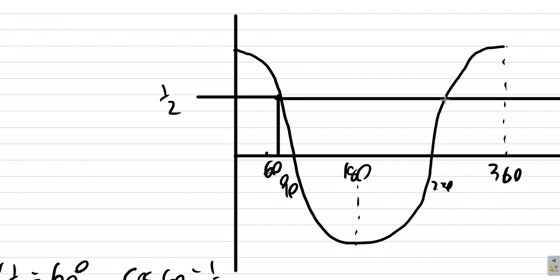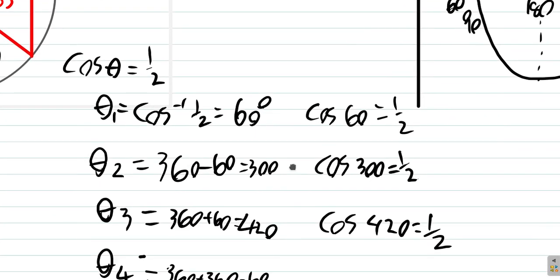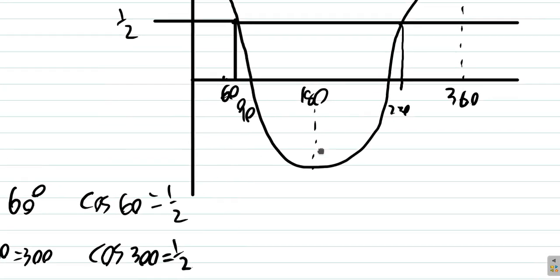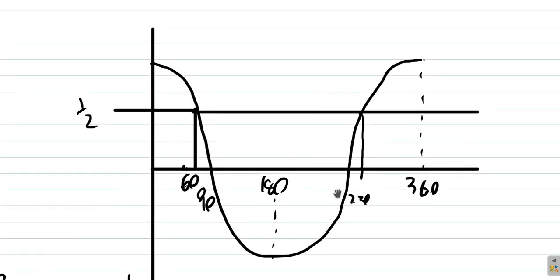Now, the same thing happens here. The distance between 60 and 90 is 30.